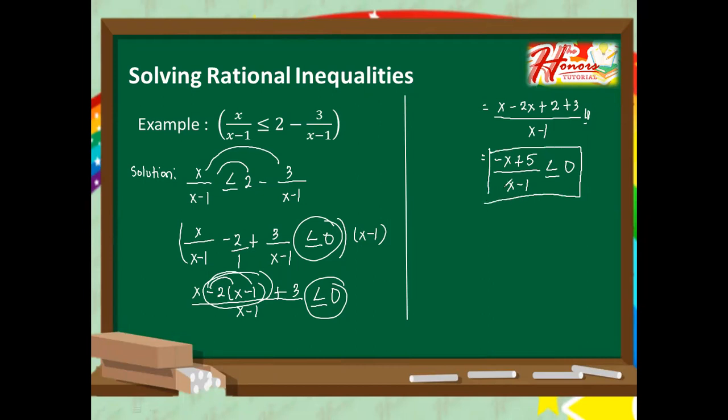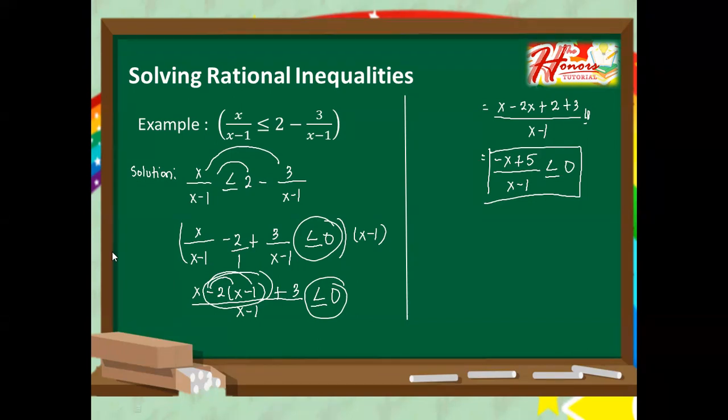But again, this is not the final answer yet. I just want you to remember this part. So again, we will be having negative x plus 5 over x minus 1 is less than or equal to 0. This is our inequality. So let's continue.